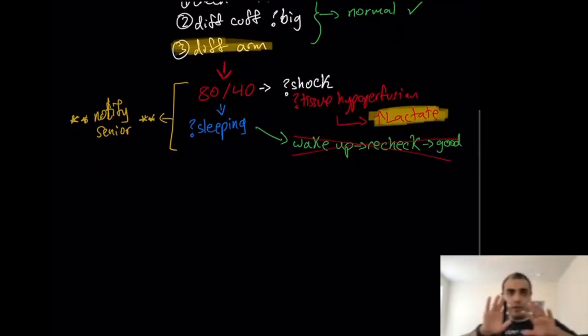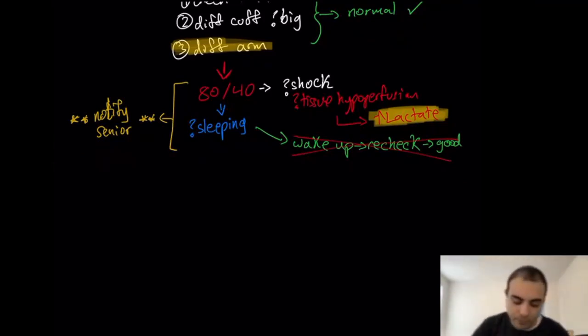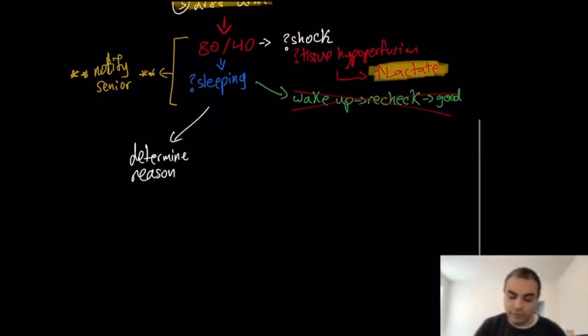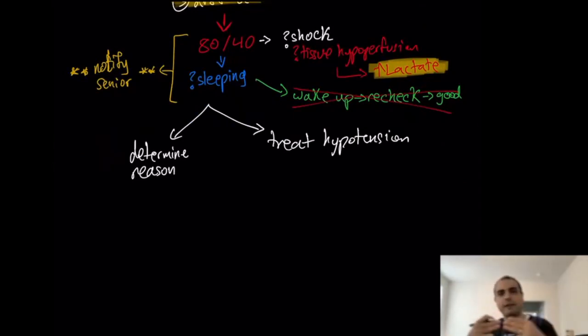There are two separate ways you go about doing this. First, you have to determine the reason: why is the patient hypotensive? And the other part of it is to treat the hypotension, right? Sometimes they interact with each other.